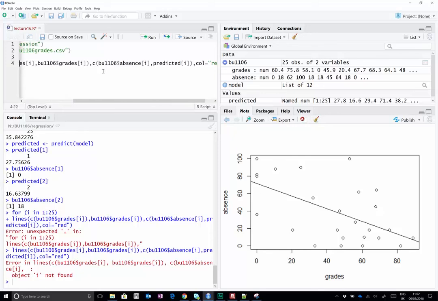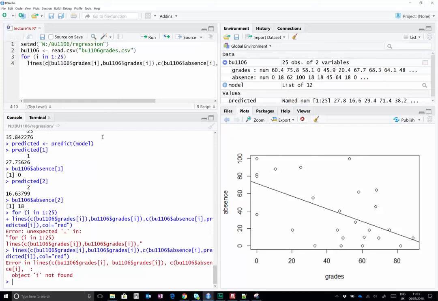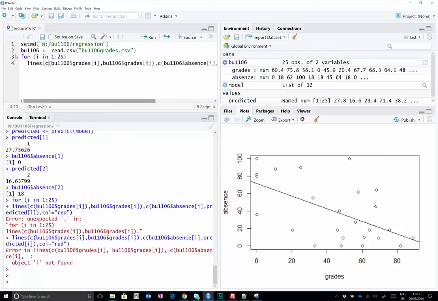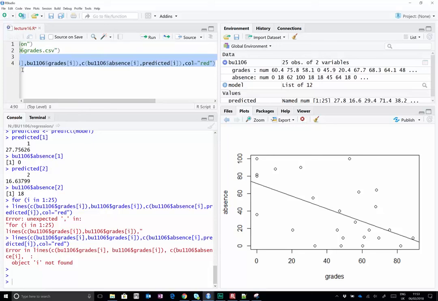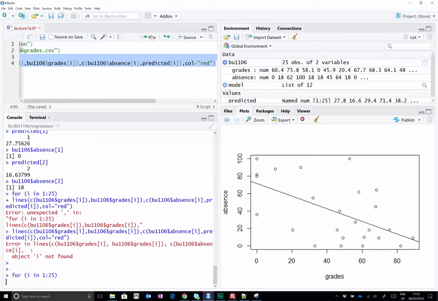Predicted. Yeah, now the second time I hit enter, I forgot about the loop because it was in a different line.